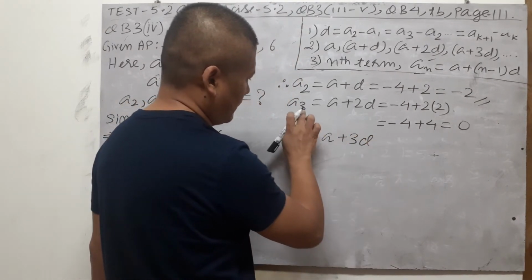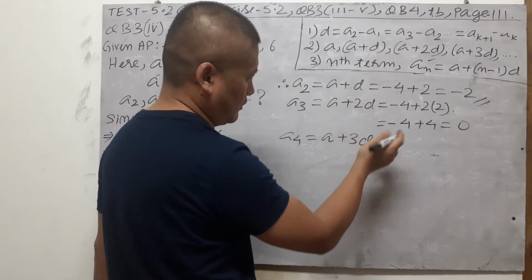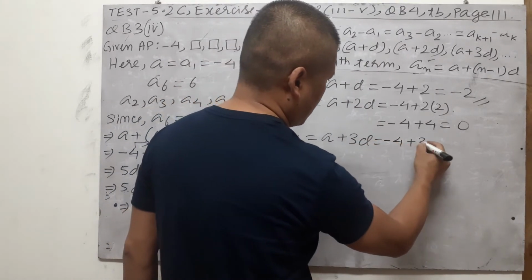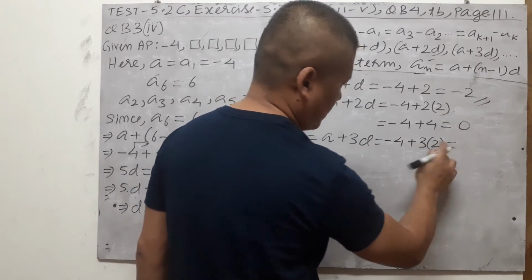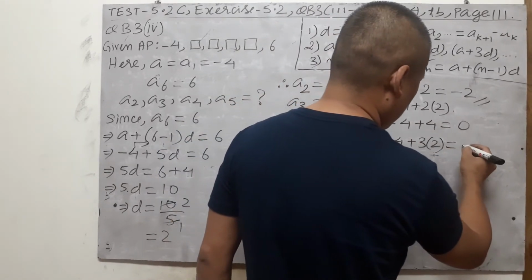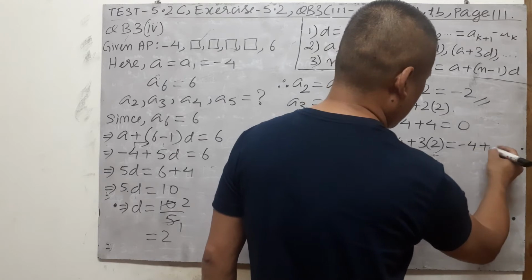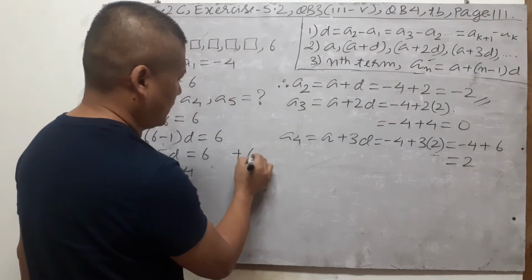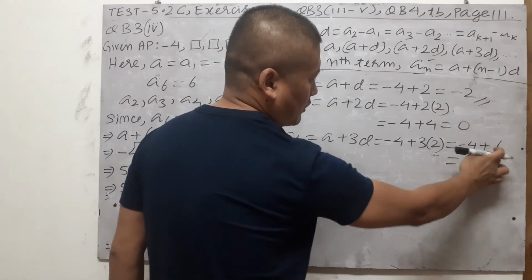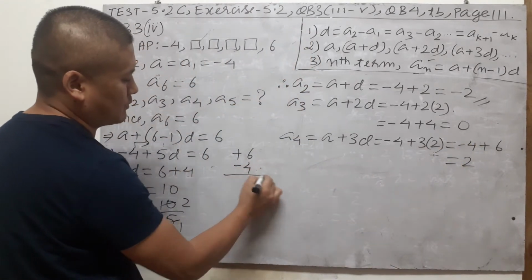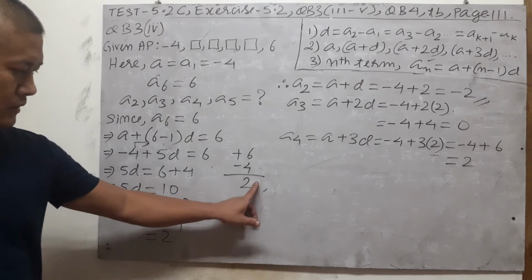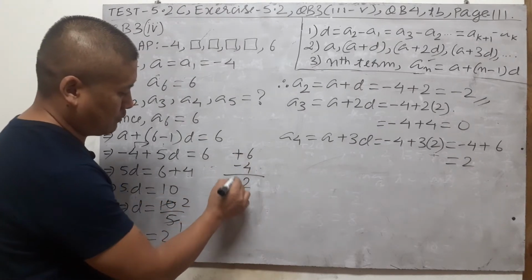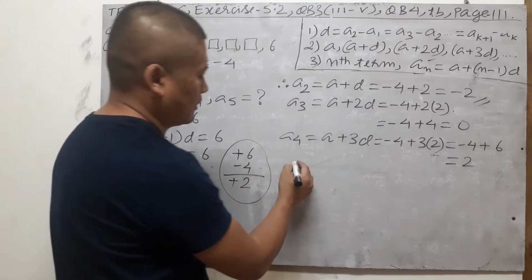If it is 3, then plus 2D, A plus 2D. So A is minus 4, plus 3 into D, 6. D is 2, so minus 4 plus 6 is plus 2. As you can see, the bigger absolute value we should always put up and the smaller one down. So plus minus means subtract. 6 minus 4 is 2. Then the bigger sign is plus, so here also plus, so plus 2.